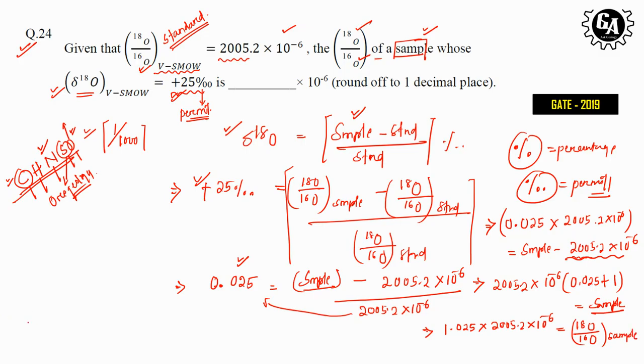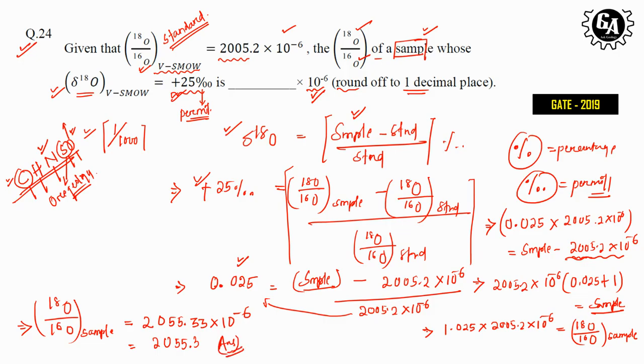Calculating 1.025 into 2005.2, it equals 2055.33 into 10 to the power minus 6. Since 10 to the power minus 6 is already given, rounding off to one decimal place our answer will be 2055.3.